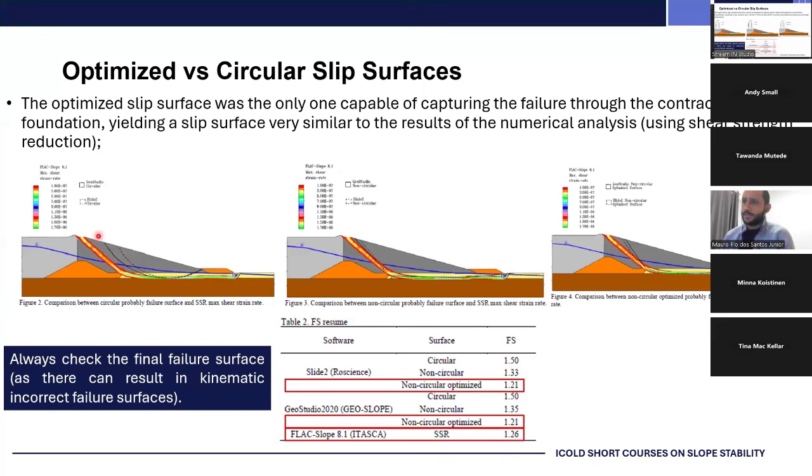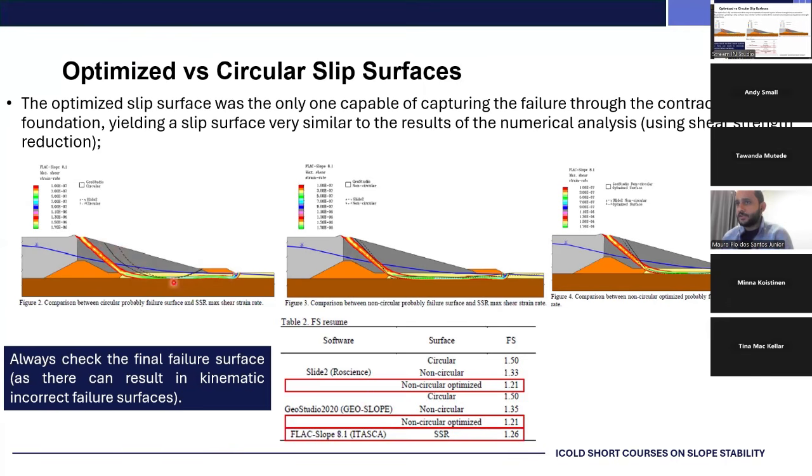And he started to look with the optimized slip surface, what the optimized slip surface would do, and if he was able to capture this more sophisticated slip surface going through this weak material. I'm not sure if you can see on the screen, but you have a black continuous line, and you have a dashed line as well.